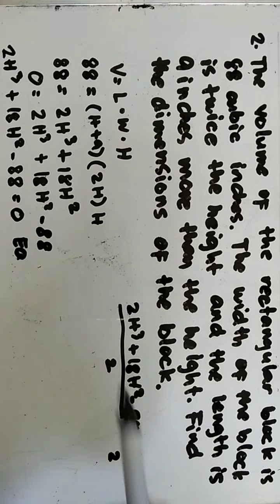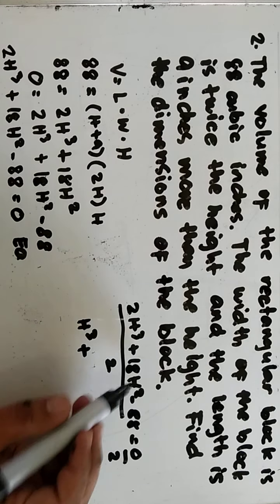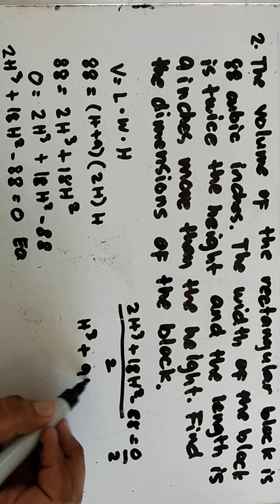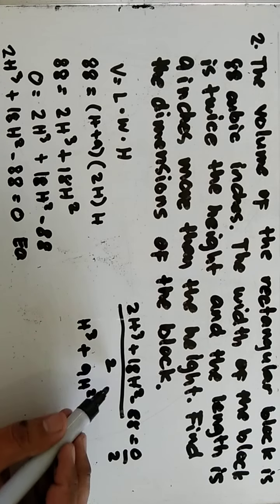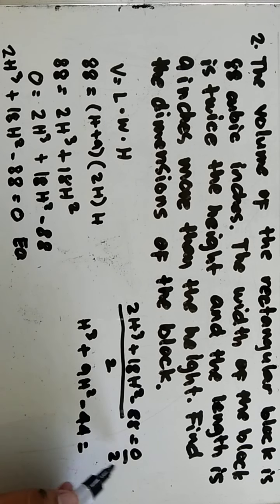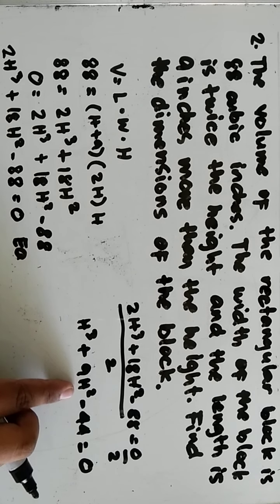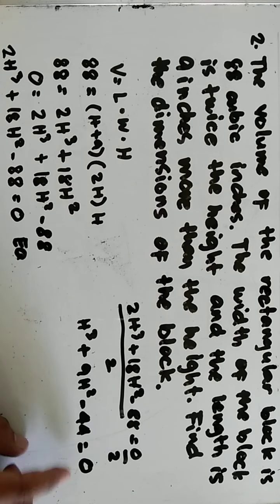So, 2 divide 2 is equal to 1. So, magiging na lang itong h raised to 3 plus 18 divide 2 is 9, h raised to 2. 88 divide 2 is 44. So, magiging 44. 0 divide 2 is 0. So, magiging siyang h cubed plus 9h raised to 2 minus 44.